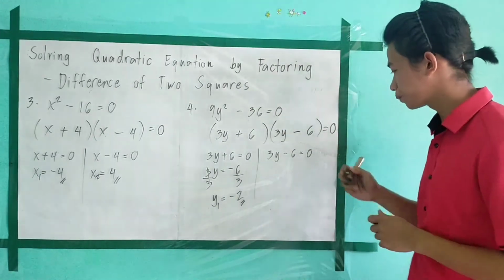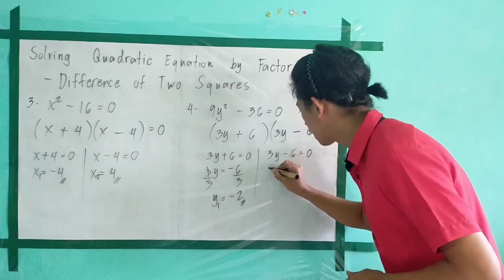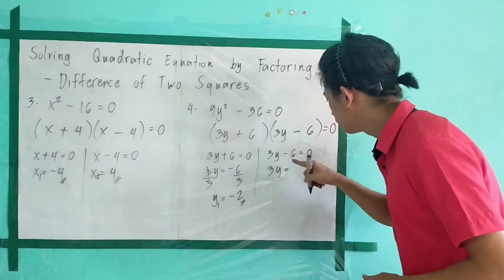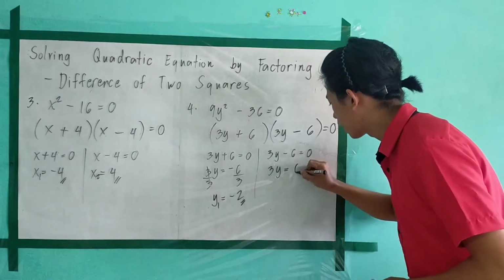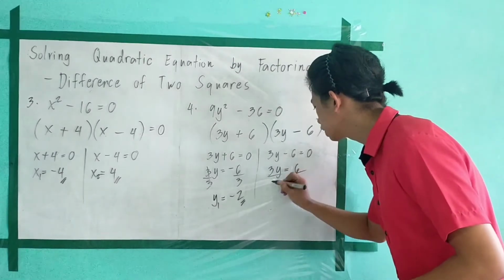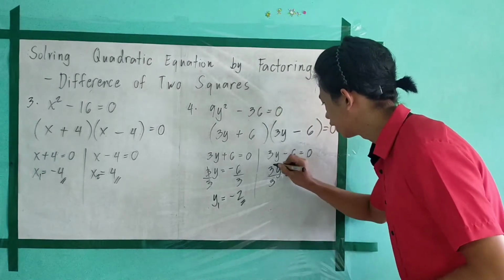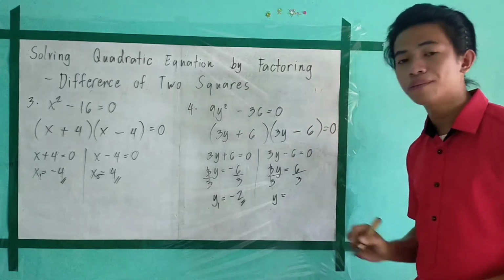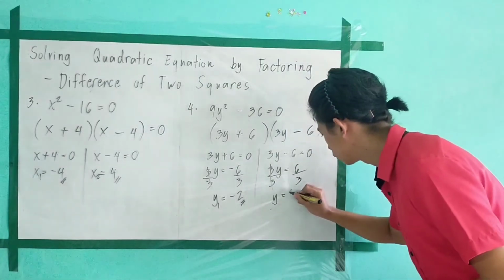Next, dito tayo. So, 3y, transpose natin, we have negative 6, so magiging positive 6. Then next, divide both sides by 3. And cancel. Our variable y is equal to 6 divided by 3, we have 2.